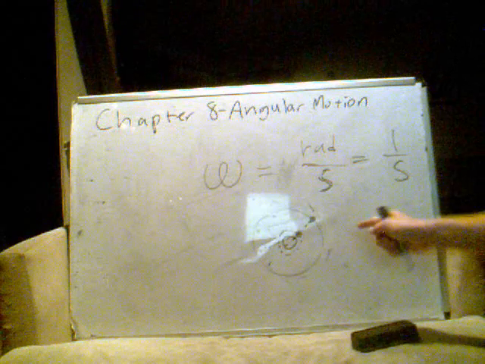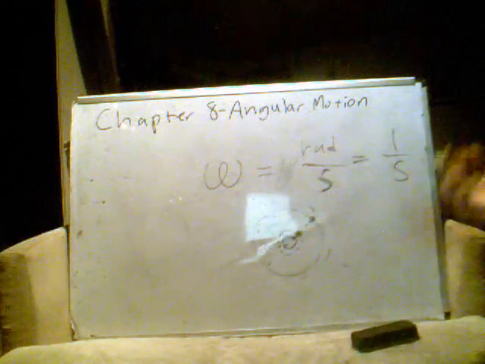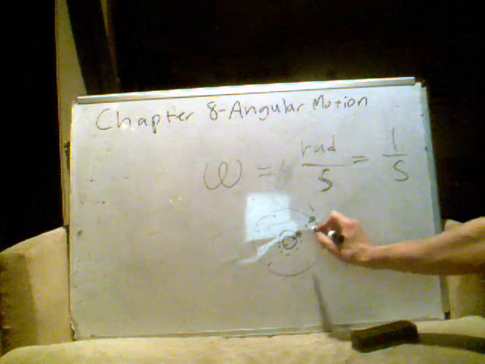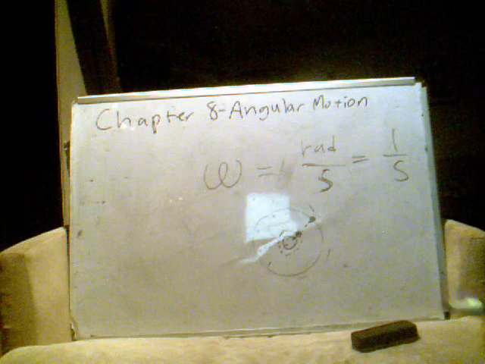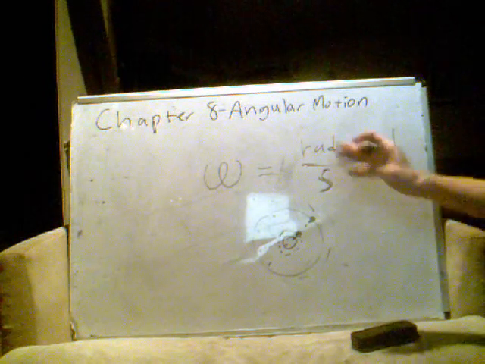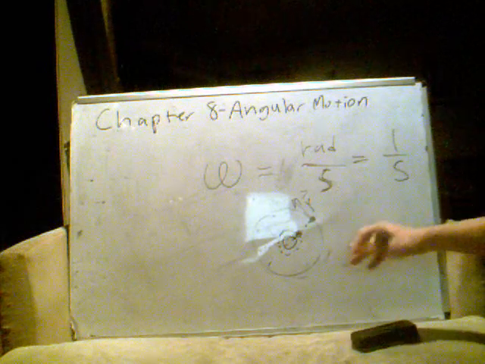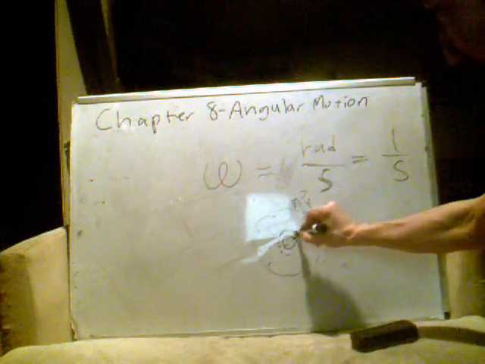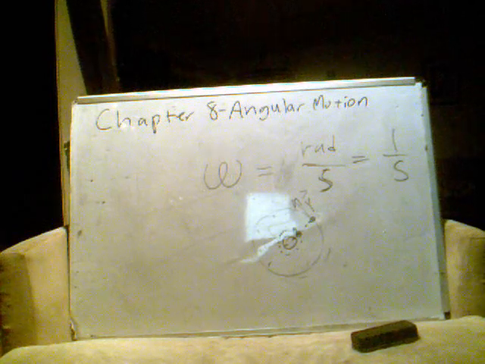And because it's rotating together, obviously they're going to travel their respective distances in the same amount of time. And so an object here at the edge of the disk is going to have a greater, what we call tangential, like a linear velocity, right? Its velocity at any instant in time is going to be greater than the velocity of something closer to the center of this rotating object.